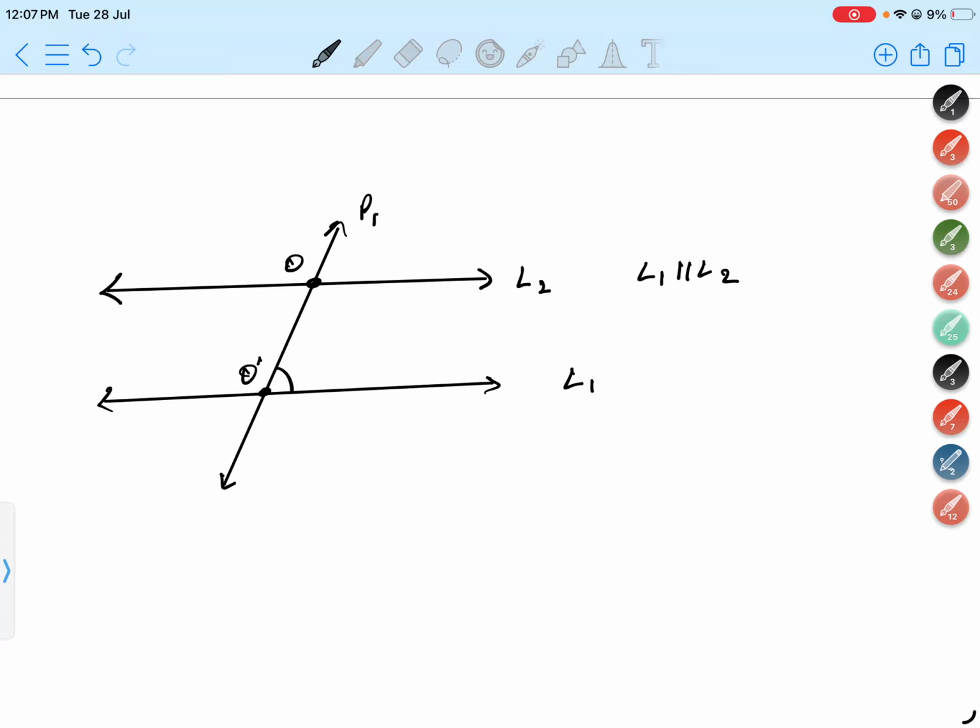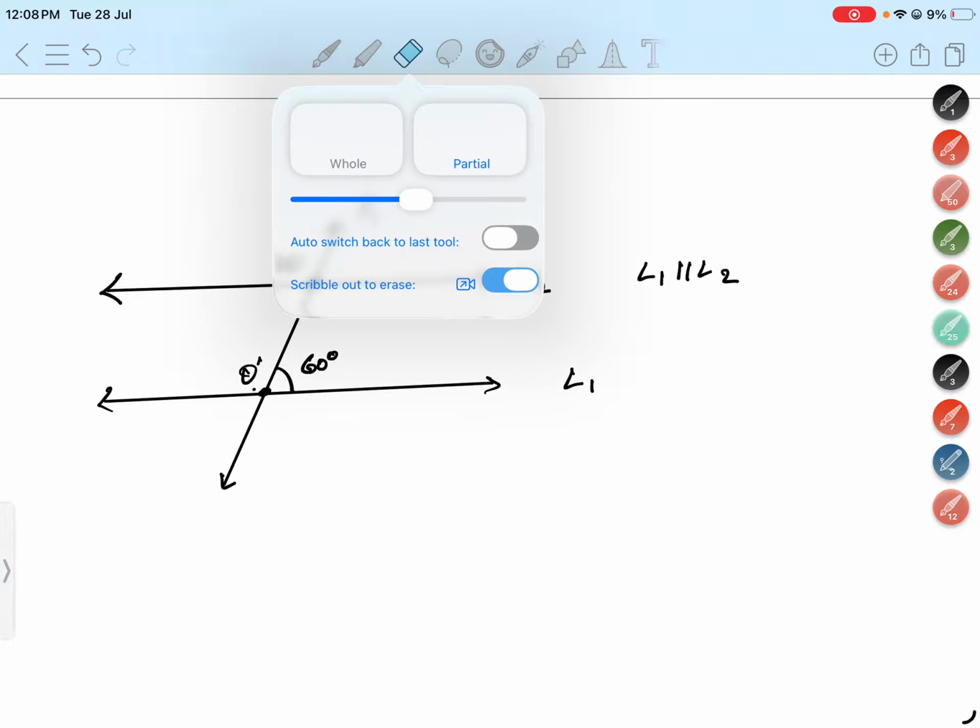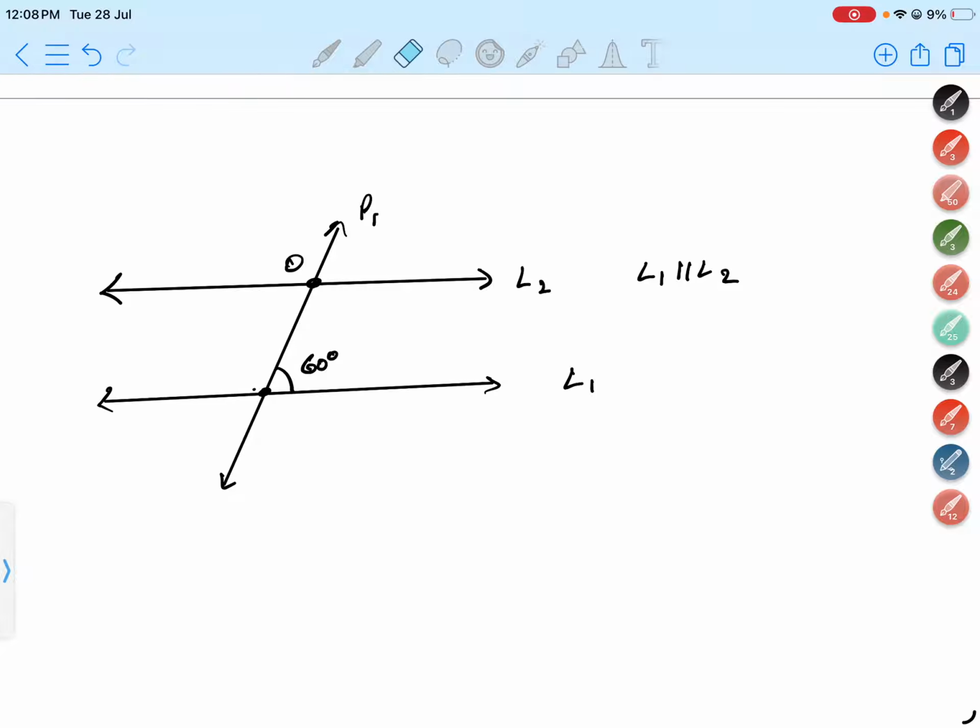So if we have this angle as, let's say, 60 degree, and this angle is X, and this angle is Y. So find X plus Y. So again, for all of those who are watching, please pause the video and drop your answer down in the comment section. I hope you are done with it.